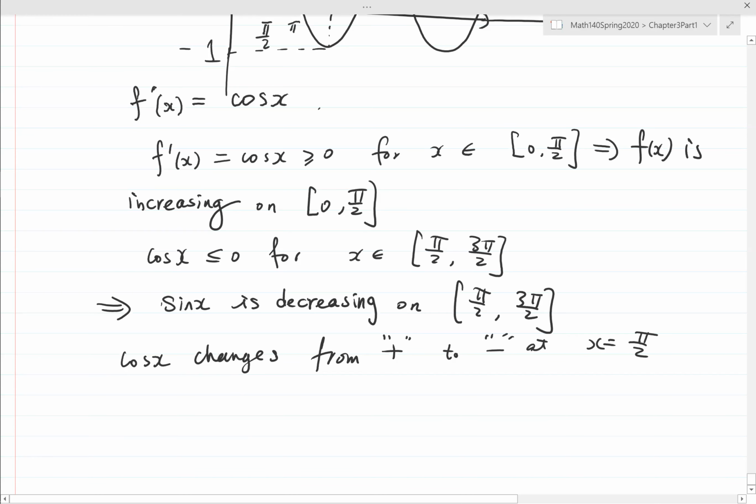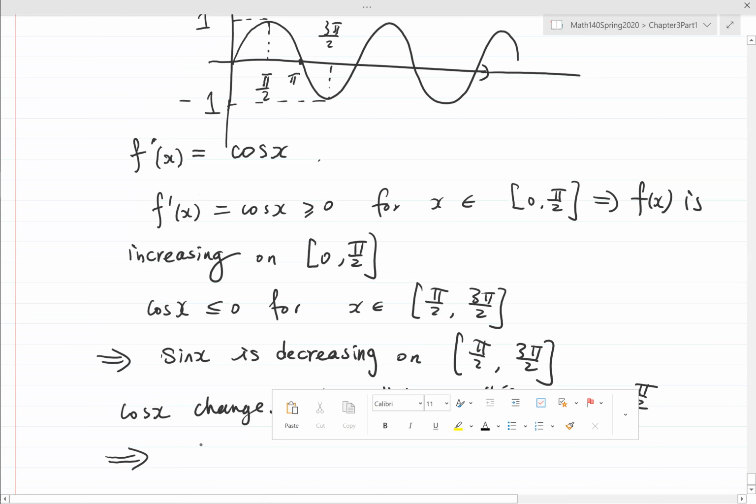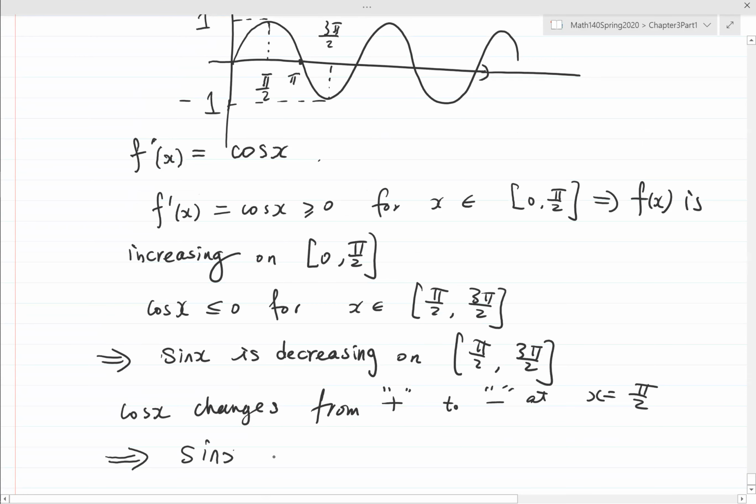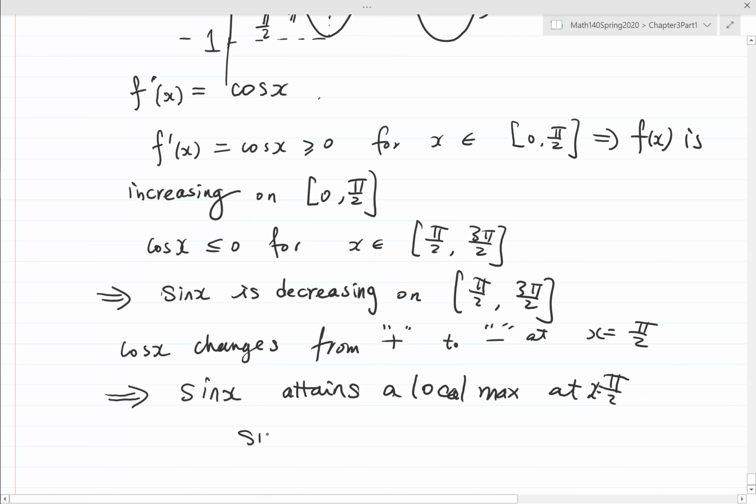Cosine is the derivative of sine. So this is exactly what we see from the graph. So sine x attains a local max at x equals pi over 2, and the local max is, of course, sine pi over 2, which equals 1.